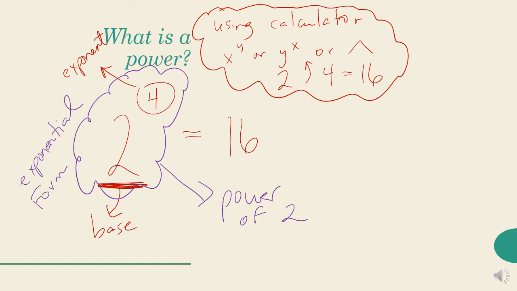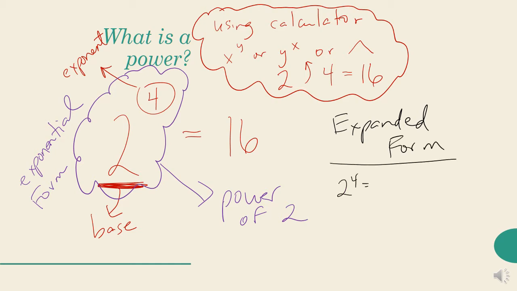So this is the expanded form, and this is really what your calculator is doing. So 2 to the 4 equals 2 times 2 times 2 times 2. And if you were to enter that into your calculator, you should get 16.